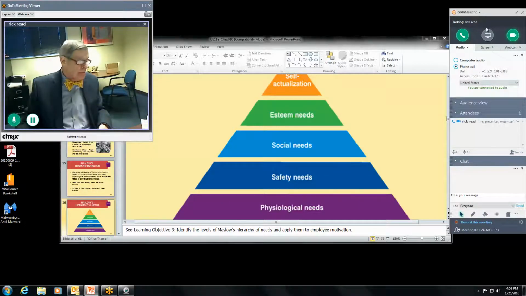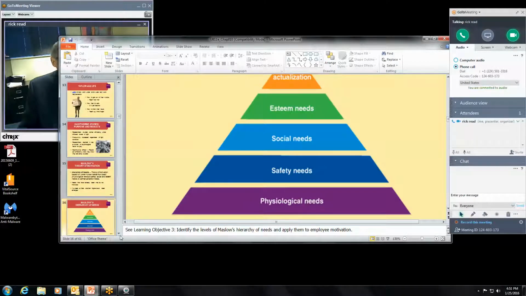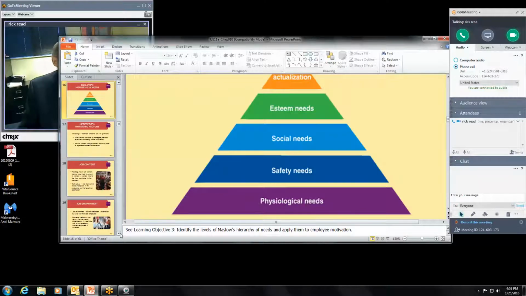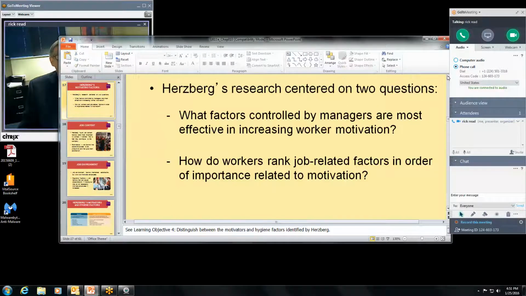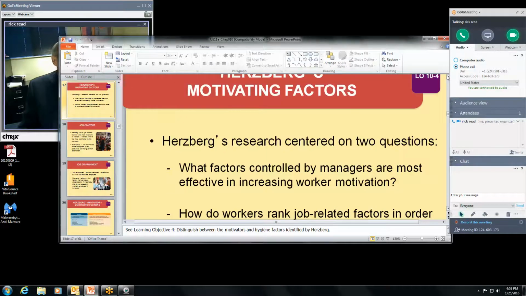Now, there are other theories of motivation that we are not going to discuss here tonight, but we are going to discuss one that I like very well, and I said I would get to, and that's Fred Herzberg's motivating factors and hygiene factors.